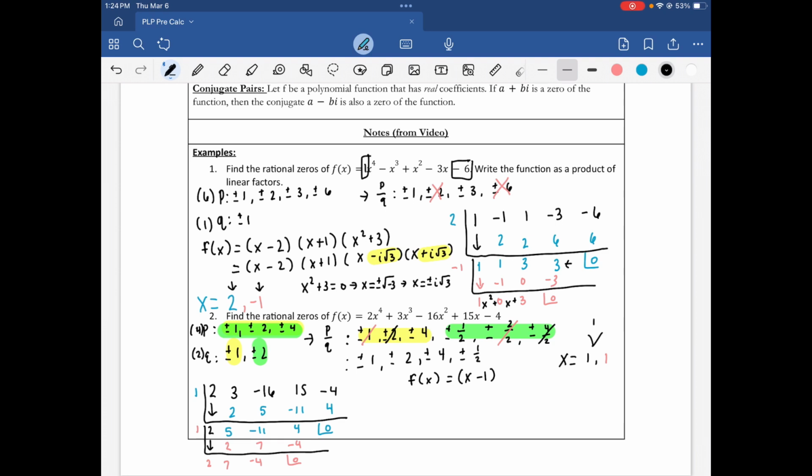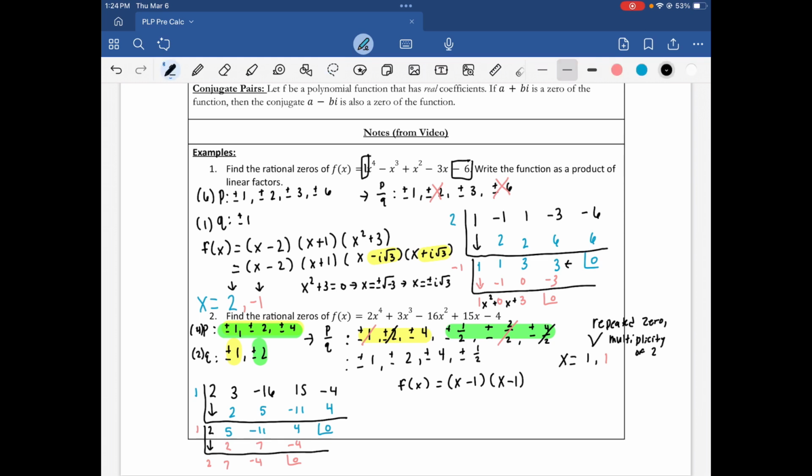So this is a repeated 0, which means it has a multiplicity of 2 for that x equals 1 factor. So I can either write it out again, x minus 1, or I could also square it. I'll write it the other way when I write my final list.